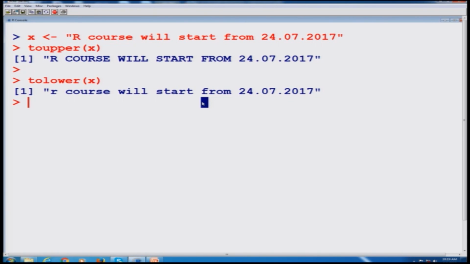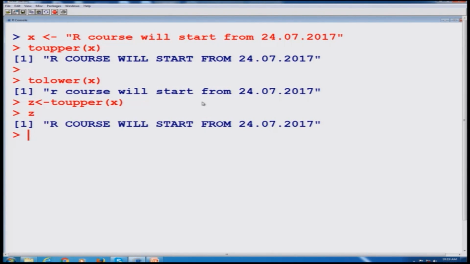Now let me try to store this outcome, say the toUpper of X, into Z. So you can see here now this Z is here, and now I try to make it toLower, meaning I want to change all the uppercase letters into lowercase letters.